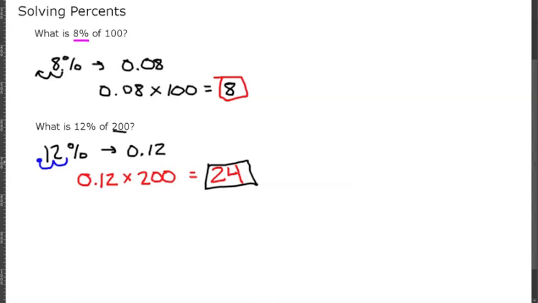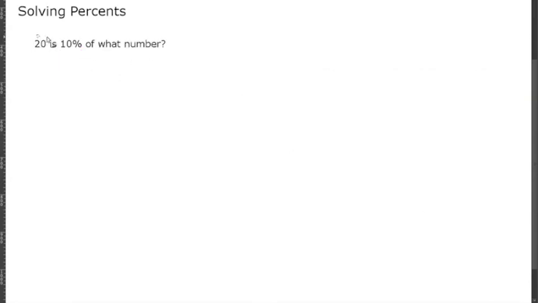So the basic steps here is that you're going to convert the percent to a decimal and then multiply. Now let's say I ask you, 20 is 10% of what number? So in the previous problem, we converted the 10%, or the percentage, into a decimal, so 10% would be 0.1, and then we multiplied it by the number. In this case, we do not know what that number is.